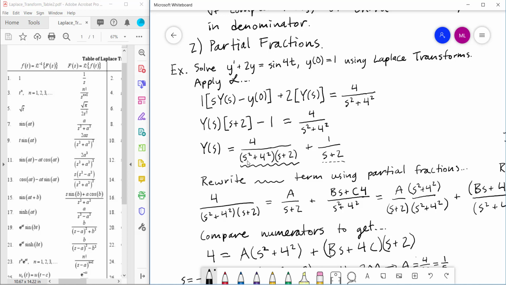Everywhere that this s squared plus 4 squared shows up, that came from Laplace transforming our sine of 4t, right? So if we want to trace it back further, this term here that I'm squiggly underlining, it really was this term here that we then just divided by another s plus 2. So this term is still kind of that term.